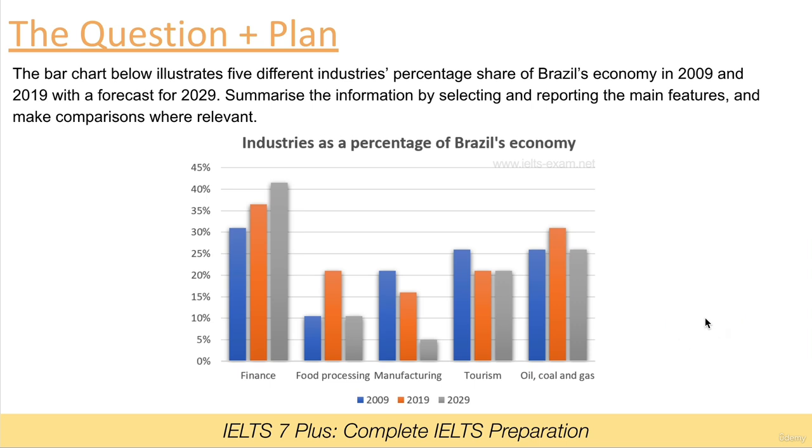All right, so initial thoughts then. Wow, finance is really taking a big share for all years. On the other hand, manufacturing is almost following the opposite course in terms of it's decreasing, and instead of finance going up in 2029, manufacturing is going down, and predicted for 2029.